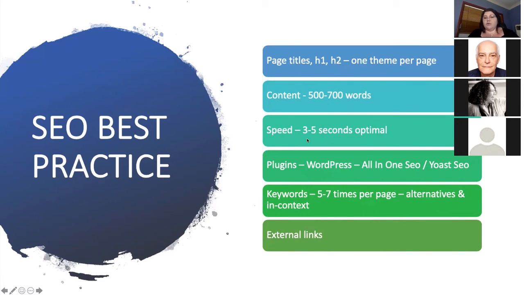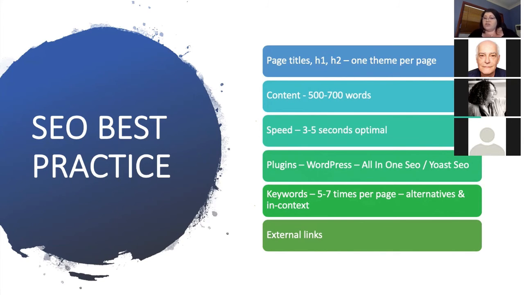Your loading speed for that landing page for optimal results should be between 3 and 5 seconds. If it's higher than this, you could look at optimizing or reducing the size of images. WordPress has some really cool tools to reduce your CSS, which is the code that makes your page look the way it does. And there are SEO plugins to help you as well.